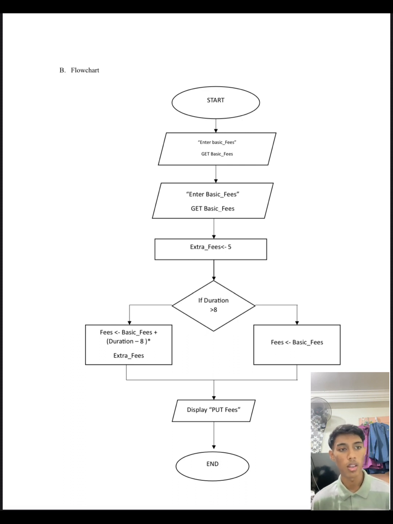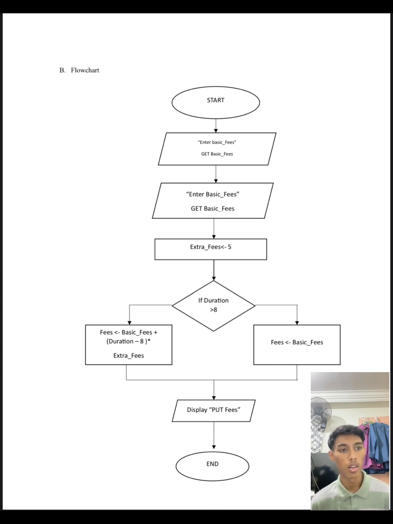In the input shape, I put enter basic_fees, and under that get basic_fees. After finishing the input box, to the next input box you must also put the arrow. Then you can put enter duration, and get duration, the same way. Next you also must put an arrow between the process shape and the input output shape.